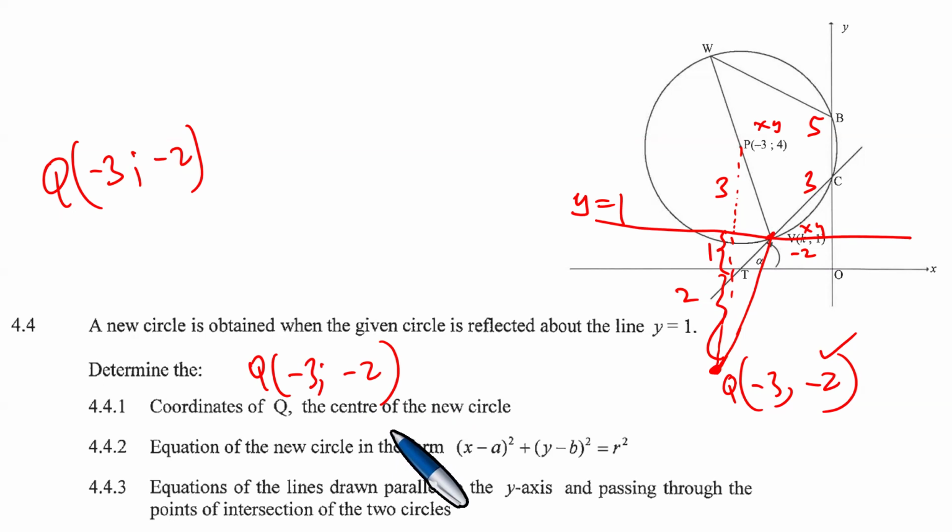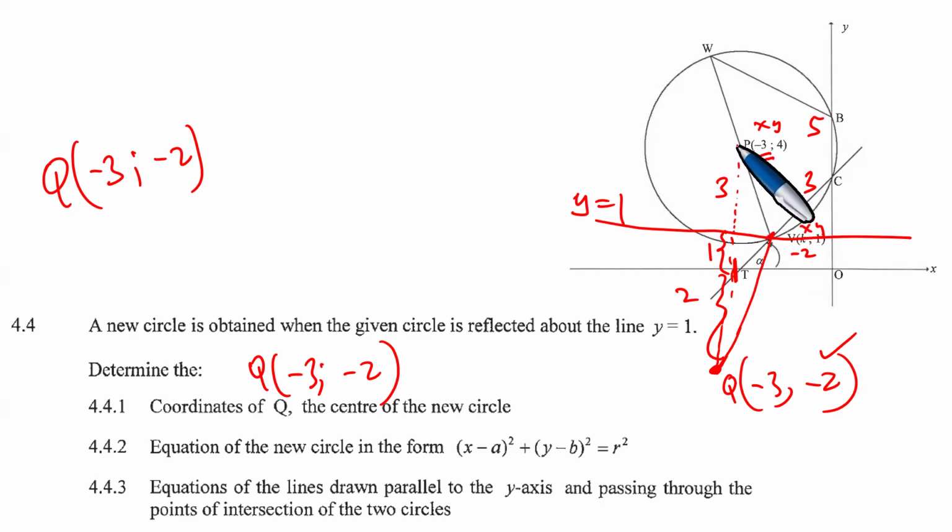Okay, if you reflect about the line y equals 1, this is rotated to be directly below x at this point. x is minus 3, guys. So x is going to be the same because it's just rotated. It comes down, rotated like that, if you imagine. But the only thing is y is going to be such that to determine y is a bit tricky, as we said, because here you must work out the distance.